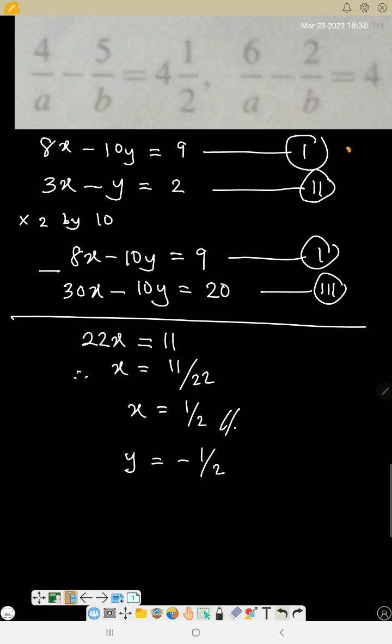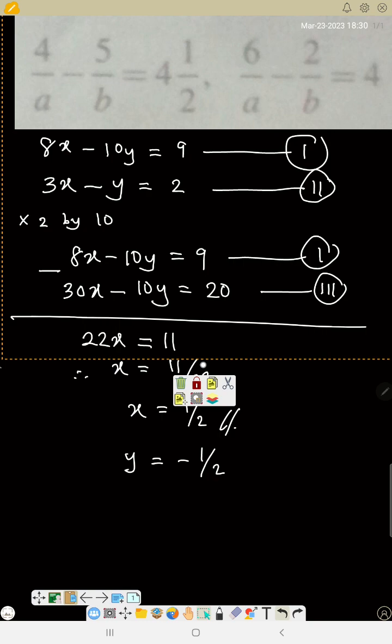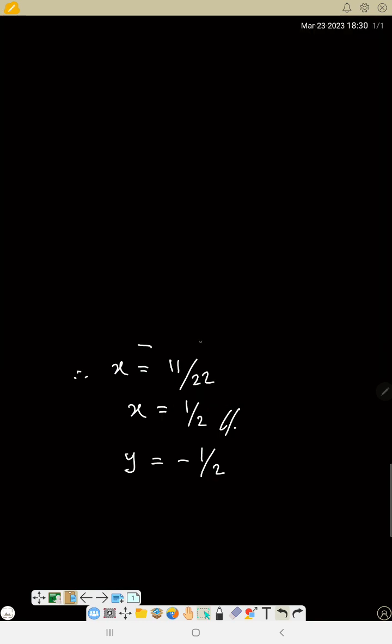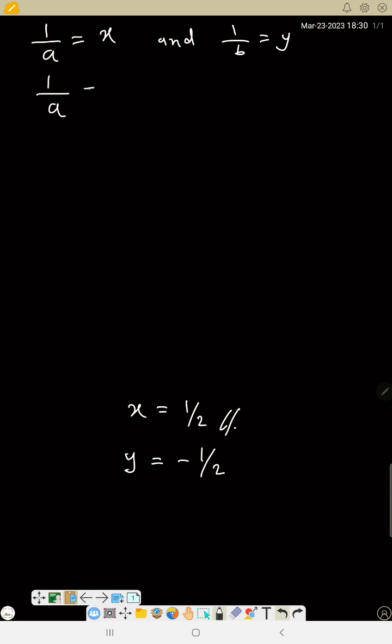But remember, from the beginning, we represented our x and y to be something. So we said let 1 over a be equals to x, and 1 over b be equals to y. So now replace it. So 1 over a equals x, x is 1 over 2. So 1 over a equals 1 over 2. Cross multiply here.